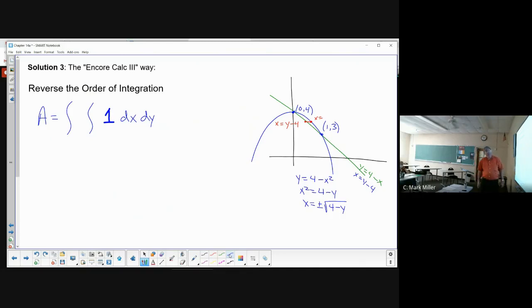Well, the negative one would be over here. So associated with any point y, there's going to be 2 x's. One over here on that part of the parabola, one over here. I'm interested in the positive. So over here, this one is square root 4 minus y.